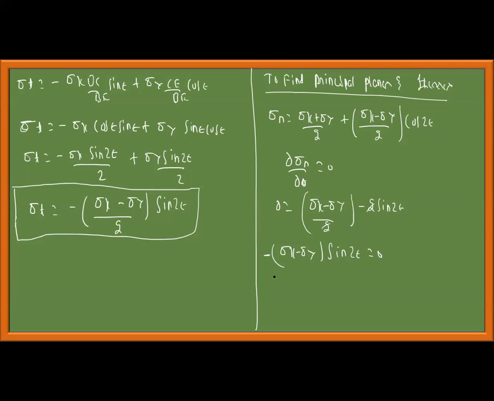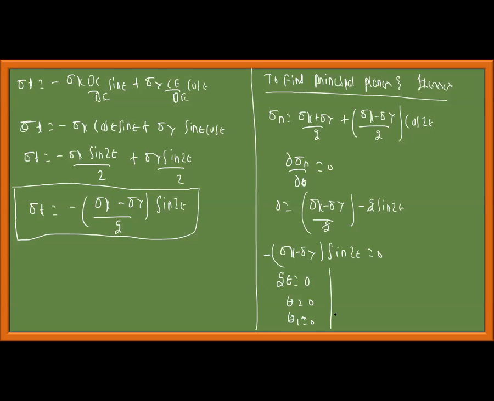This will be equal to 0 for what values? Sin will be 0 when 2 theta is equal to 0, or 2 theta is equal to 180. For the first value, we take 2 theta is equal to 0, therefore theta is equal to 0. This we'll call theta 1.